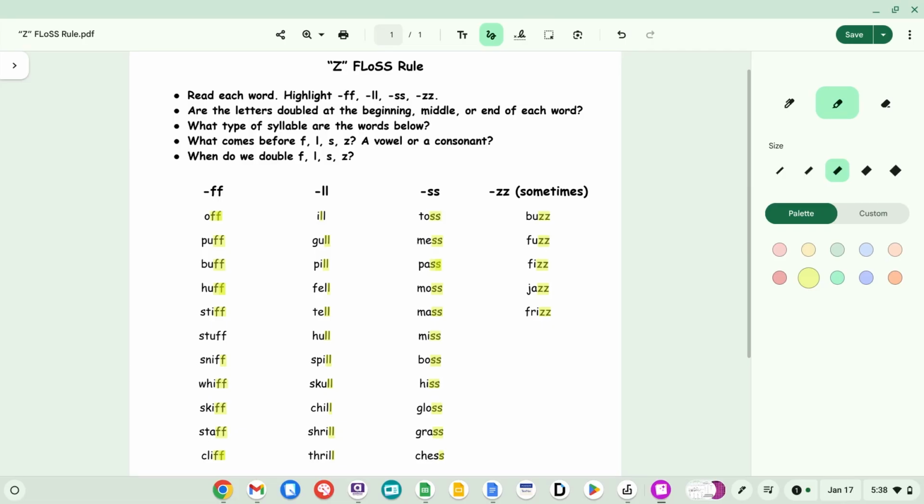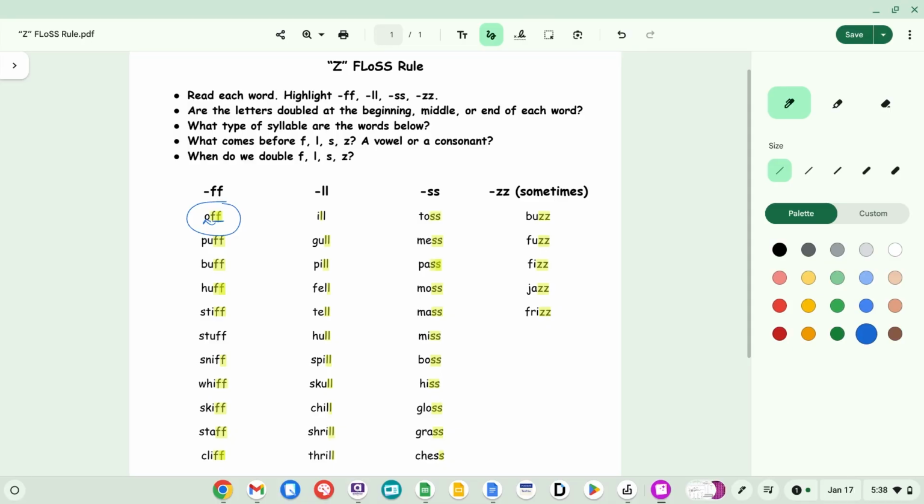The next thing I want my students to notice is what comes right before the F, L, S, and Z. So I might look at this first word here, and I see these double F's, and there's an O right there.